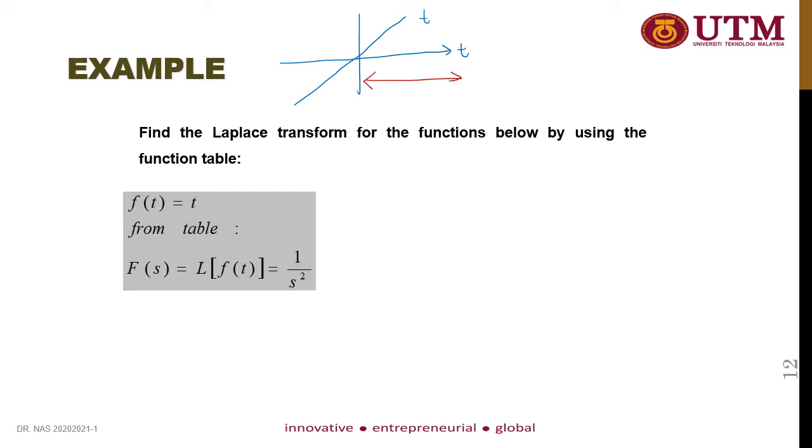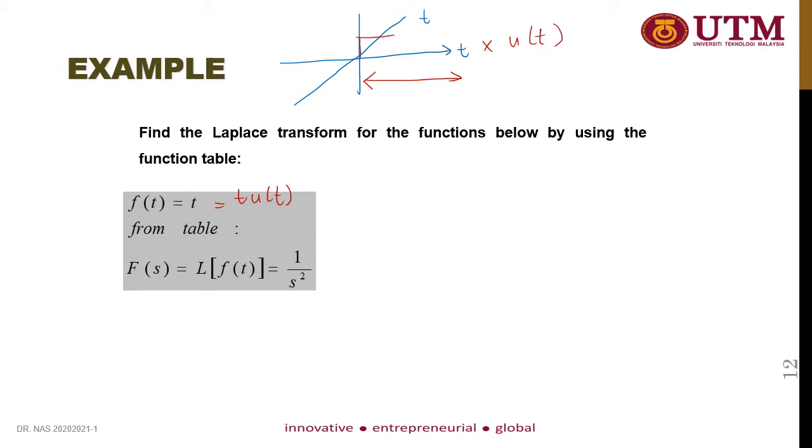Therefore we can assume that f(t) equal to t is t u(t). This is called a unilateral function, in which only the positive side will be considered in your calculation. So in this case f(t) equal to t u(t), t multiplied with u(t).